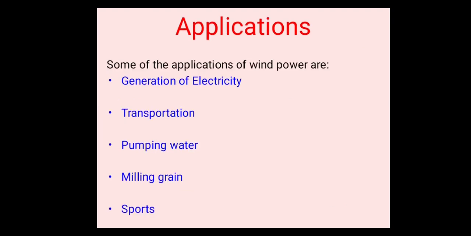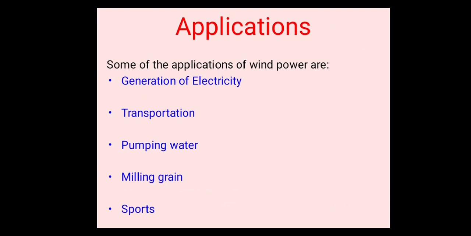Now move to the applications of the wind energy. Primarily, wind energy is used for power generation, and wind energy plays an important role in the majority of applications. So here some of the important applications of wind energy are discussed.